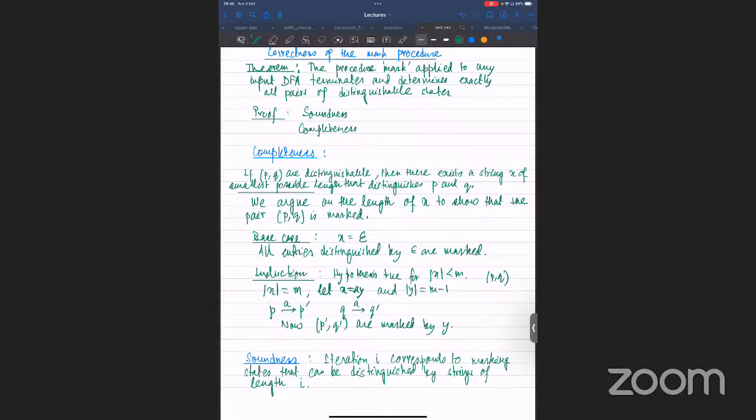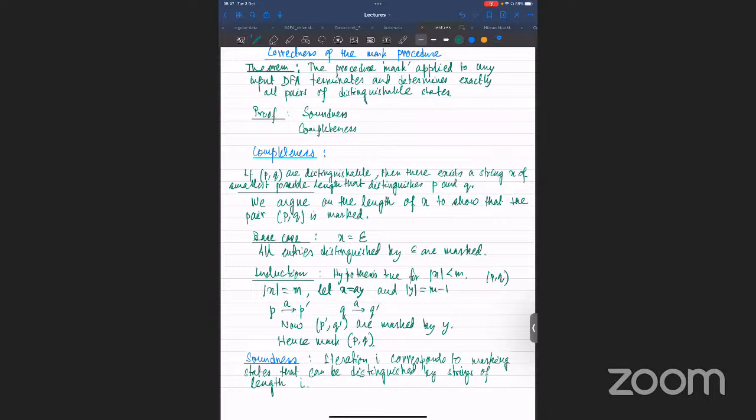If by taking this action a, you reach a pair of states which is already marked, then you mark p comma q. Hence mark p comma q. Right? So this kind of completes an inductive proof.